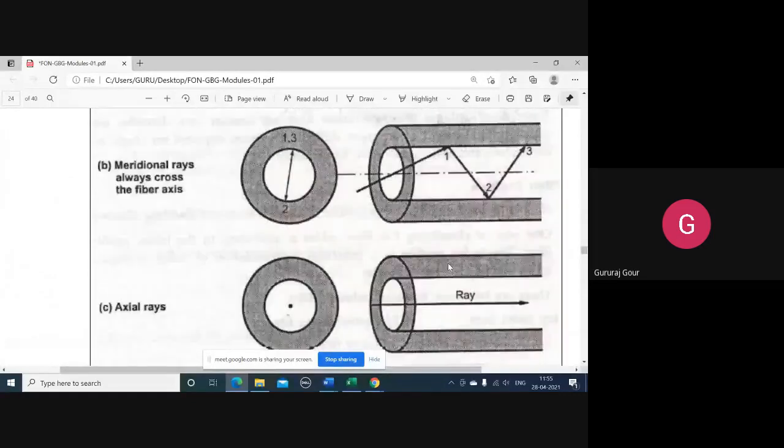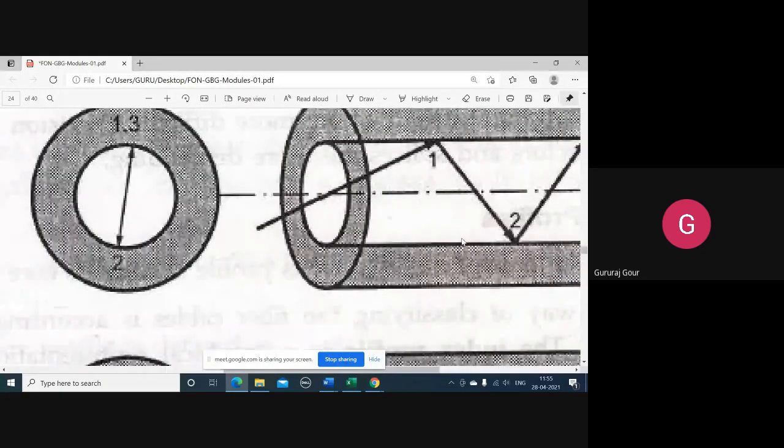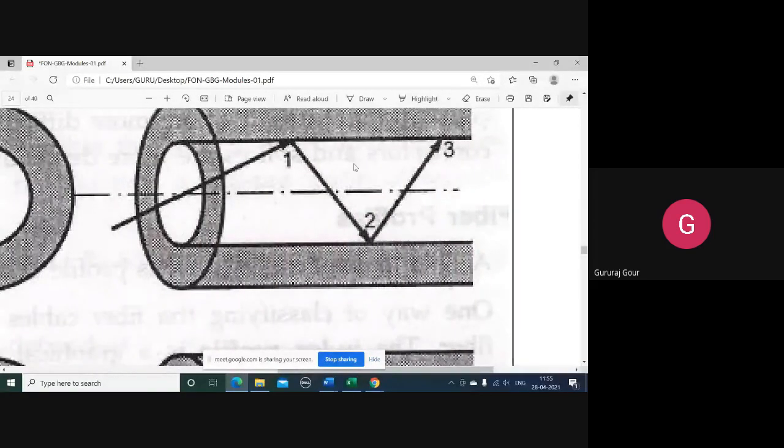Whereas in the meridional ray, it undergoes total internal reflection when it strikes at point 1. Look at this one. When it strikes at point 1, it will undergo TIR, which is not supported in the case of skew rays. And obviously, it is going to cross the fiber axis. The fiber axis, you can see here, is shown by a dotted line.